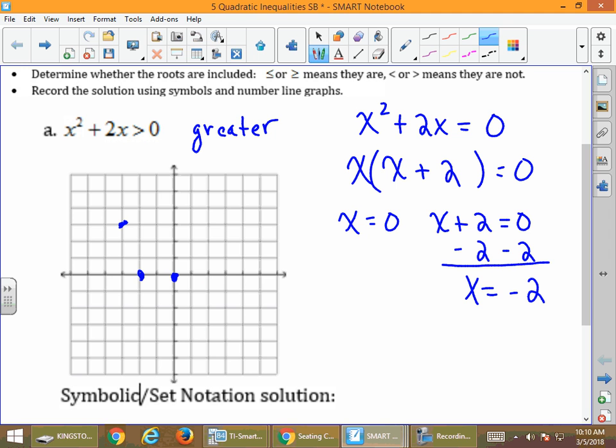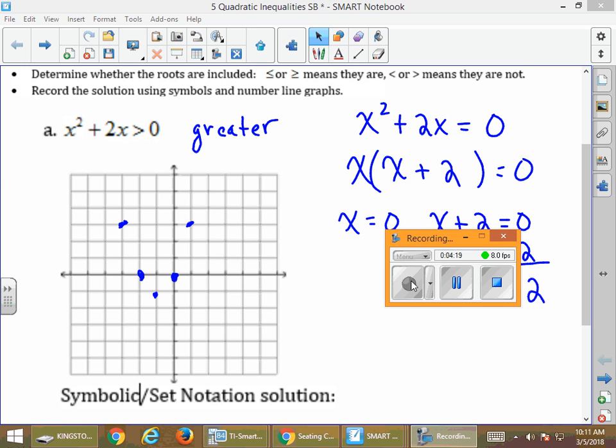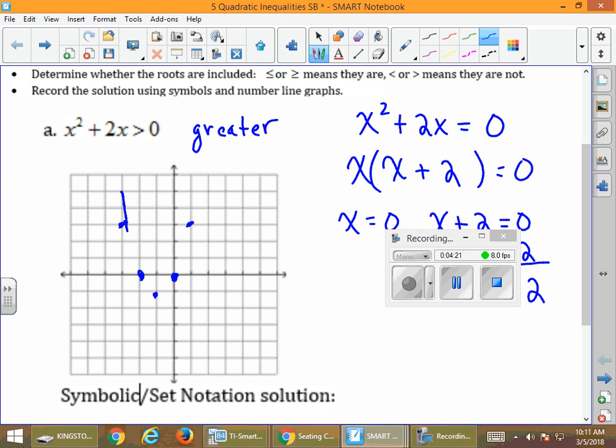Or -2, 0. -1, -1. 0, 0. 1, 3. So here's our picture.